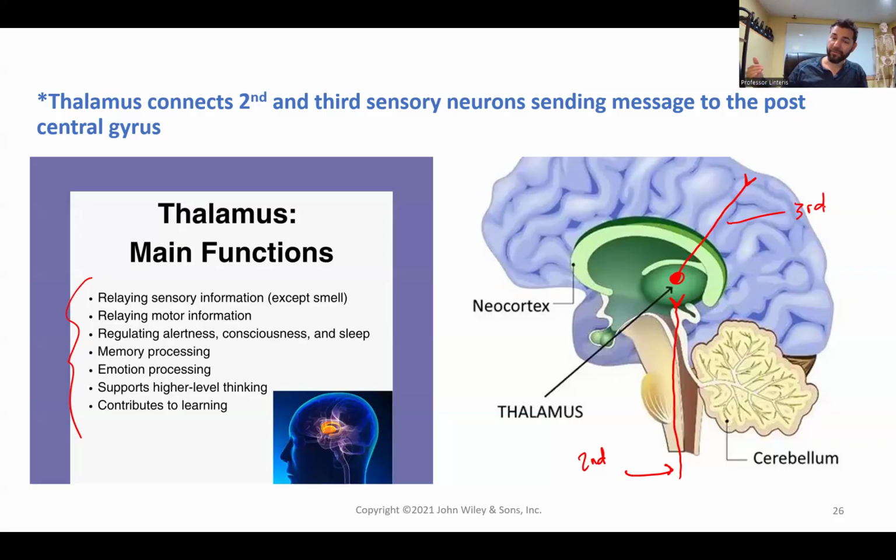In sensory pathways, we have three, right? So that second order would be down here somewhere, and our first order would be located usually in the receptors or whatever. So that thalamus plays a very important role as a relay station and in filtering a lot of these sensory inputs.